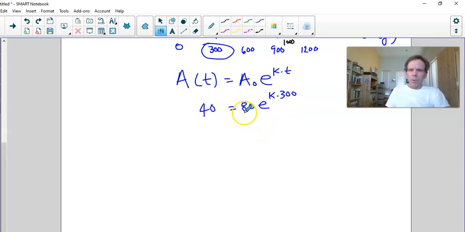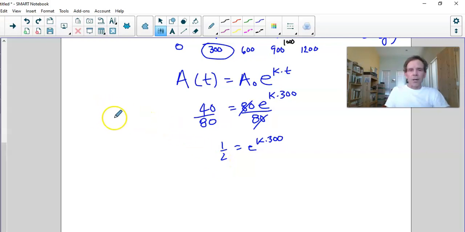What if we divide both sides by 80? Then we have the exponential alone, e to the k times 300. And on the left side, you can see that we've got 40 over 80. That's actually a half. In fact, it doesn't matter what the starting amount is if you know the half-life.